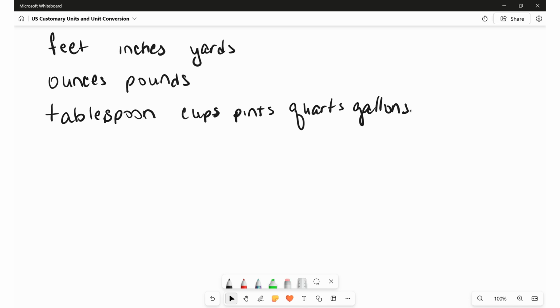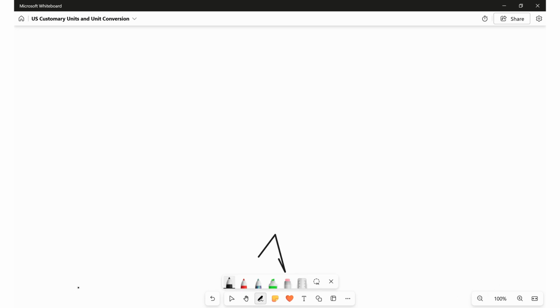Let's just jump into some examples. Our first example is going to ask us to take 6.25 feet and convert that to inches.